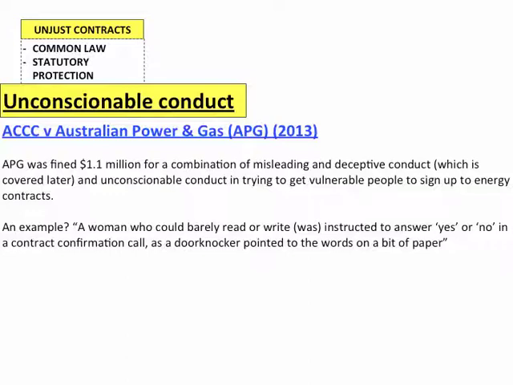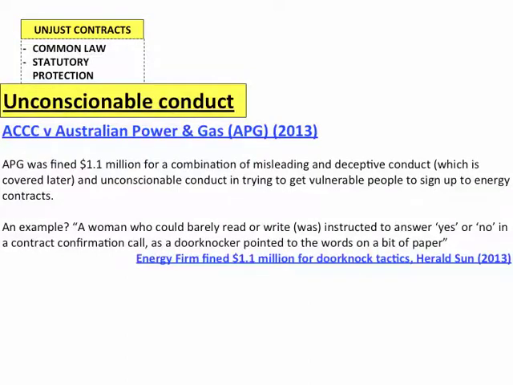Maybe lonely and just wanted to make the salesperson happy, and believe it or not, people do this. So they were found to have breached their obligations, and the energy firm was fined 1.1 million for door knock tactics.